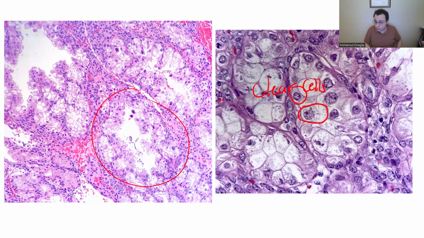So I might need to throw some immunos to confirm that this is not clear cell. I will throw napsin A and HNF1 beta, and they will be negative. Ki67 is low. So this is Arias-Stella reaction then, due to pregnancy hormones or gestational trophoblastic disease.